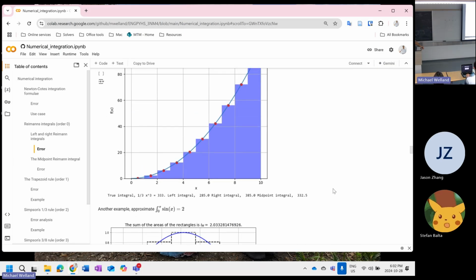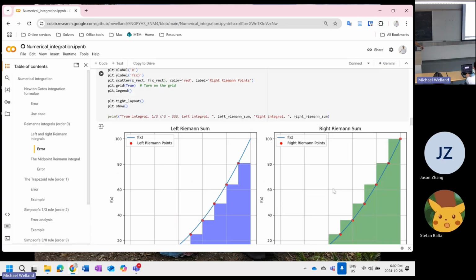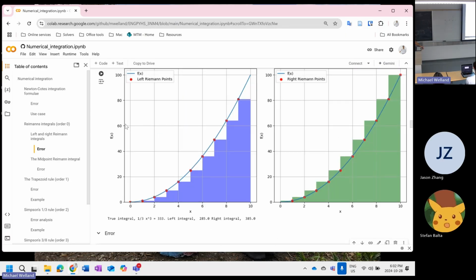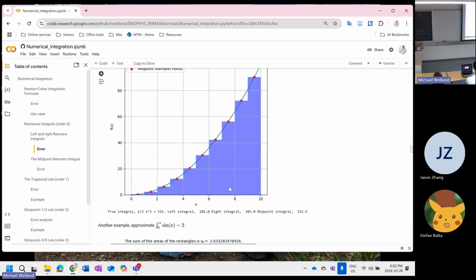There is a problem with the midpoint method. Whereas before, if we had tabulated data that started here and ended here, we could get the integral between these two points. With the midpoint method, we can't really do that because it sticks out on either side, and there's no way to eliminate that.